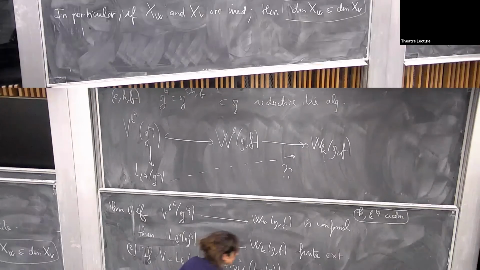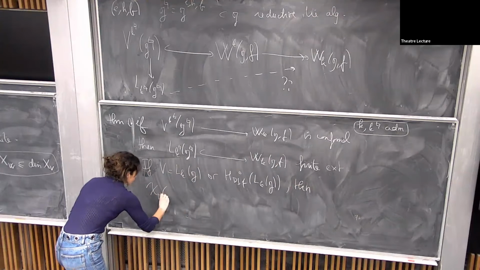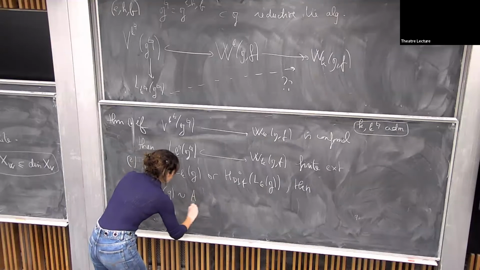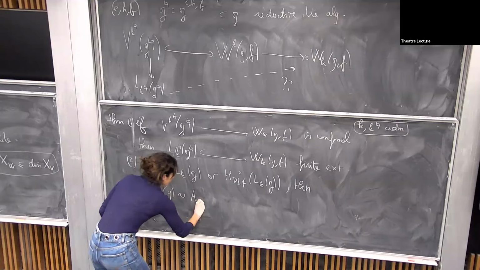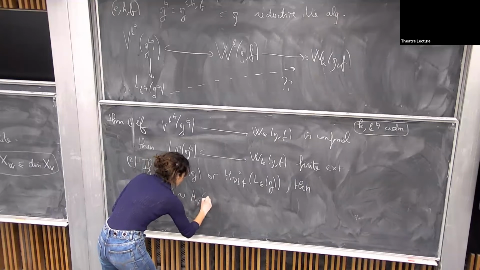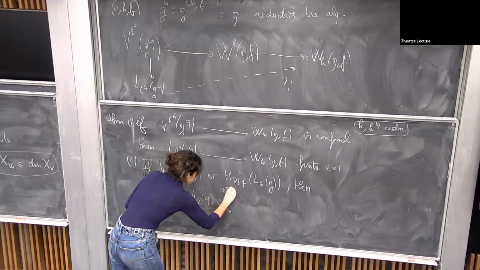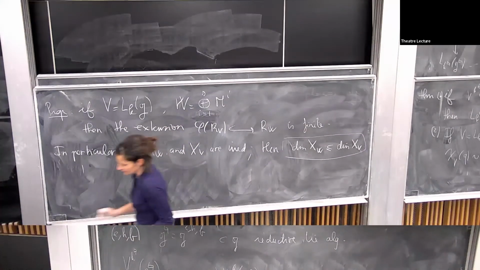And then the normalized character has an asymptotic behavior. It can be written as follows. I'm not sure of the constant, it's not important.